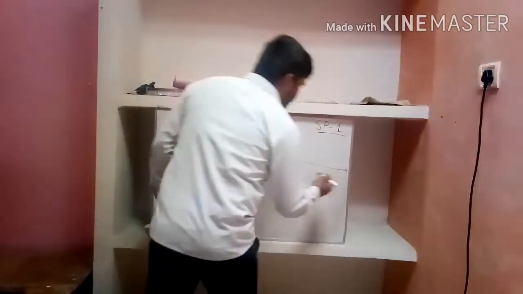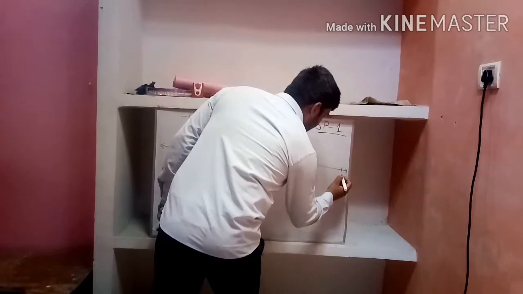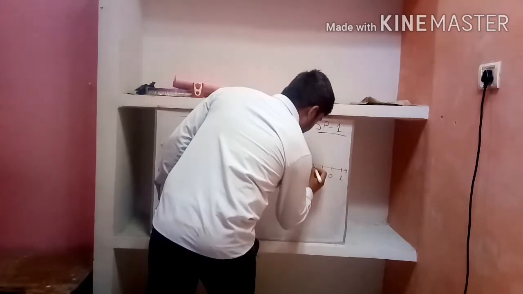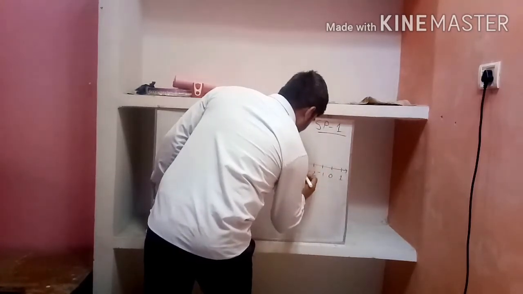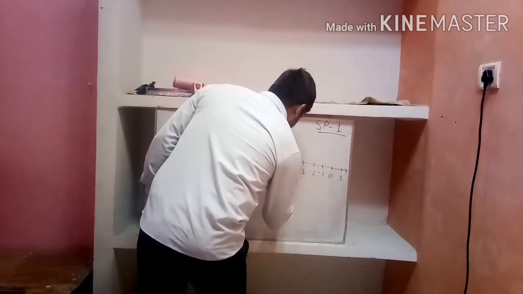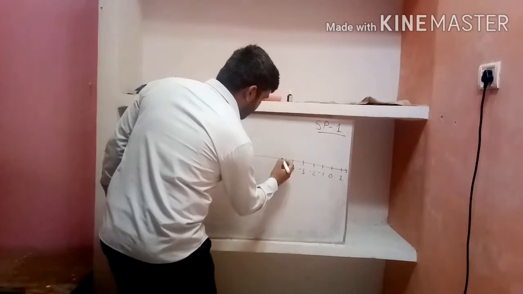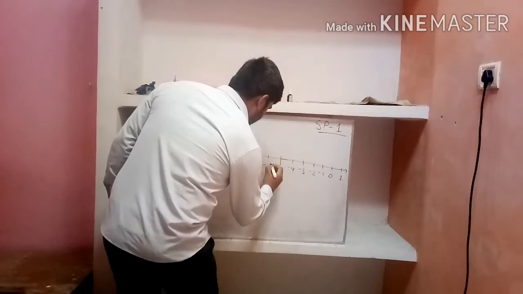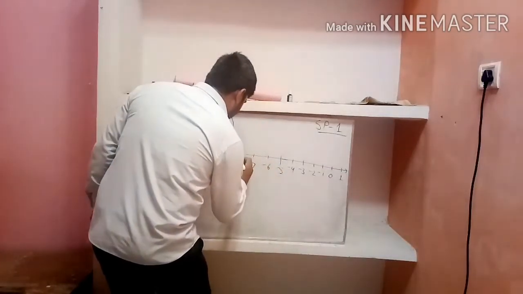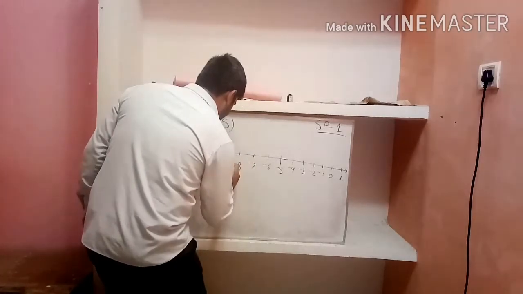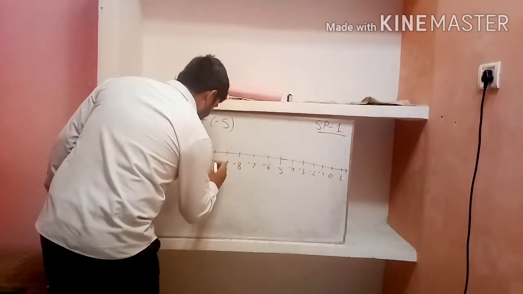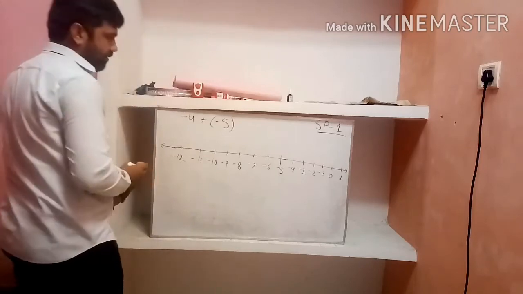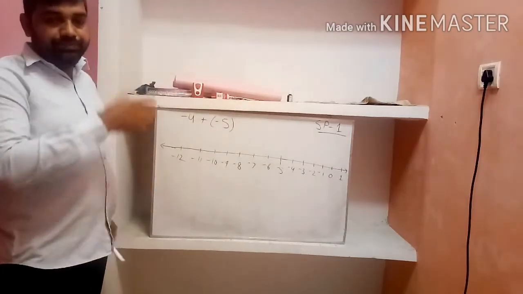At the end I am giving 1, 0, -1, -2, -3, -4, -5, -6, -7, -8, -9, -10, -11 or -12. Okay. So first of all we have to take -4.